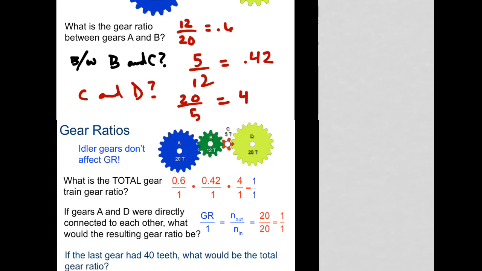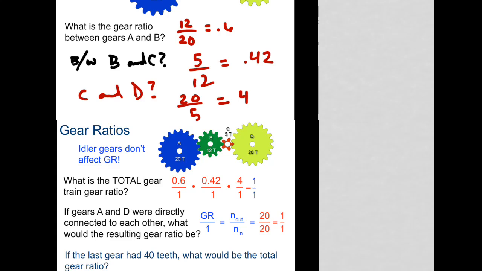So if you want to spin this so that it spins a drive shaft, but you also want a gear here that spins a different shaft for some other purpose, then you can put idle gears in there.